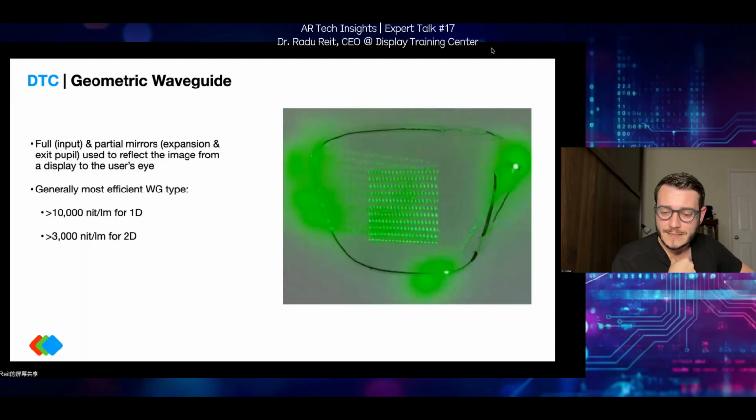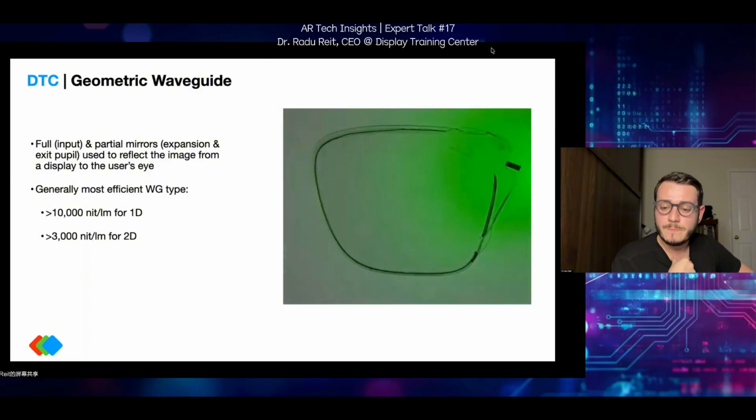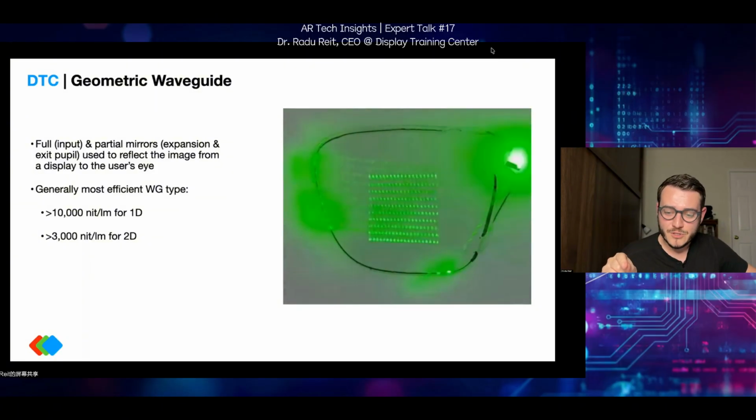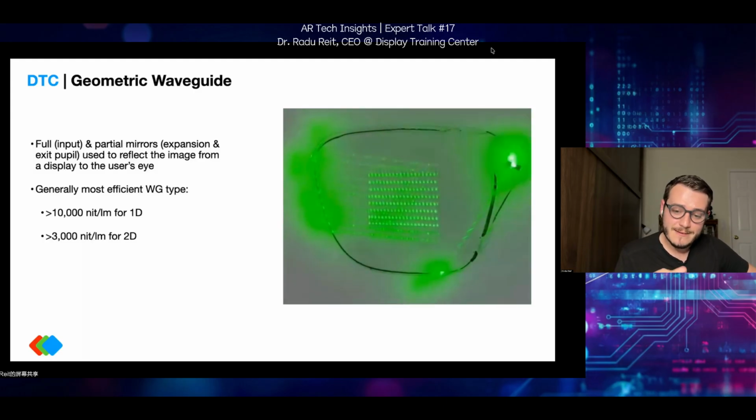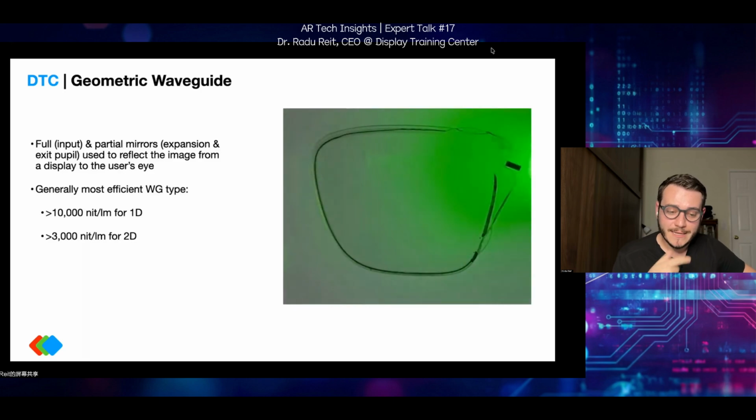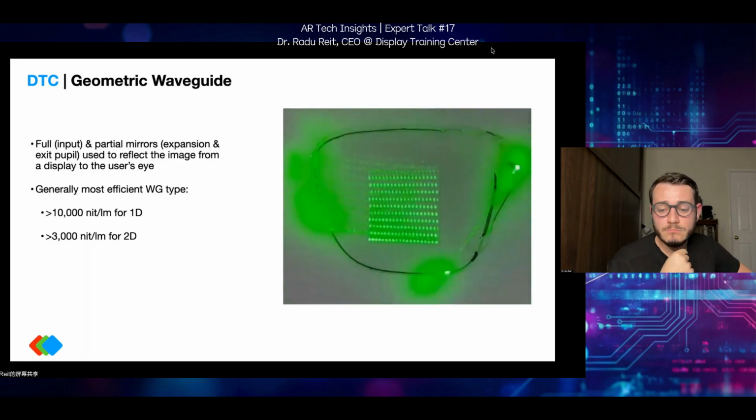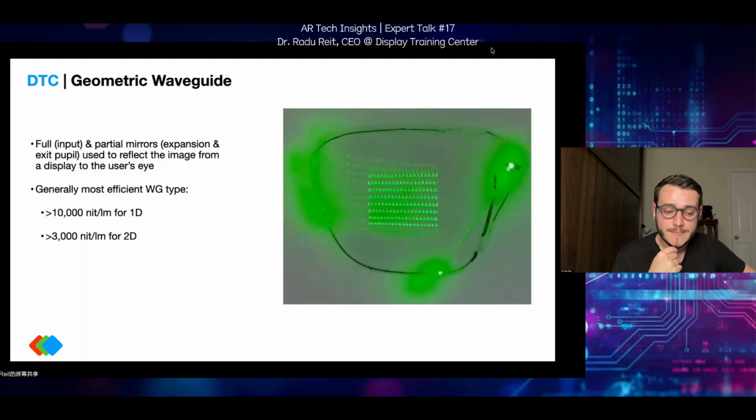And even for two-dimensional ones, like the ones that we see here, where we have to expand the image first, if you follow the laser input source down and to the left, that is an image expansion and then a reflection to the actual exit pupil. These are still more than 3,000 nits per lumen in terms of an overall image efficiency.